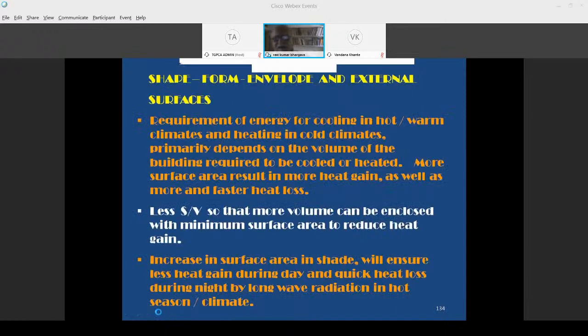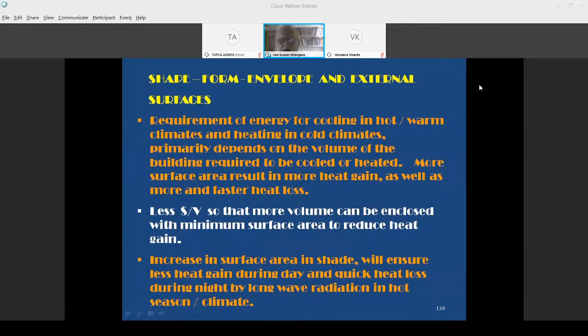Then, friends, let us discuss the shape, form, external surface or envelope of the building. Just keep in mind, the larger the external surface area or envelope of the building, the more the heat gain and also heat dissipation.